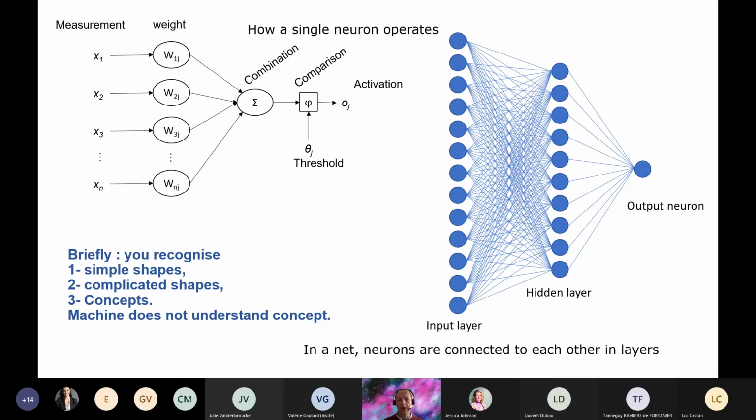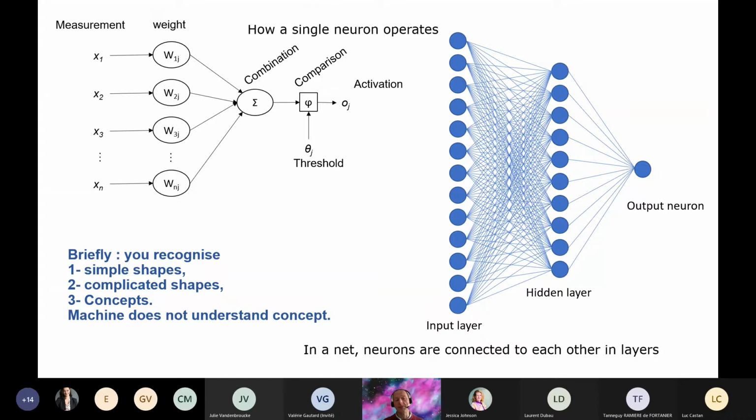The output is given to sometimes a new neuron in the hidden layer, etc. And the neurons each time give the output. At the end, with the output neuron, we compare the result with the reality. We give it to the neurons and then they correct their own triggers, their own threshold, so that next time they'll do a better prediction.